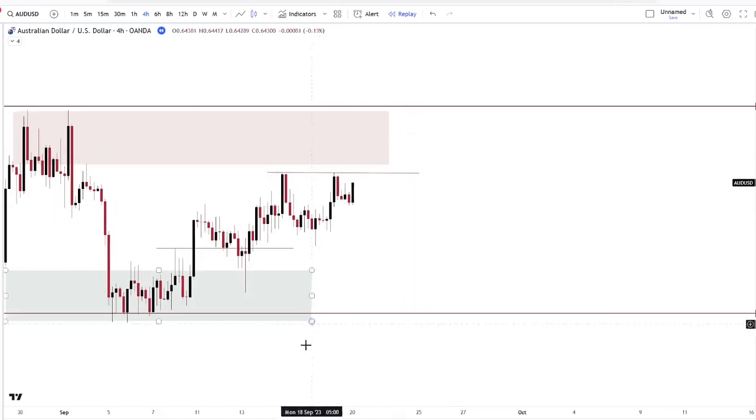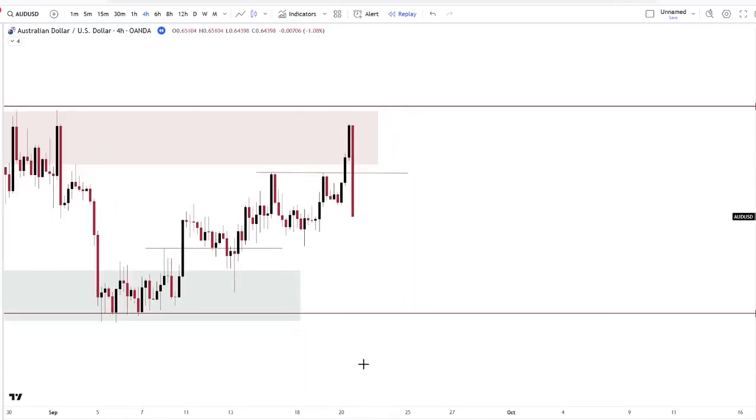Price is still not breaking this level. Let's pay attention. And you had your stop hunt. This was your stop hunt.